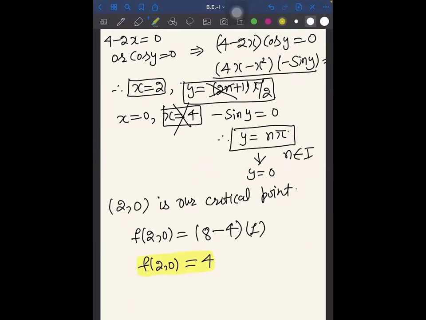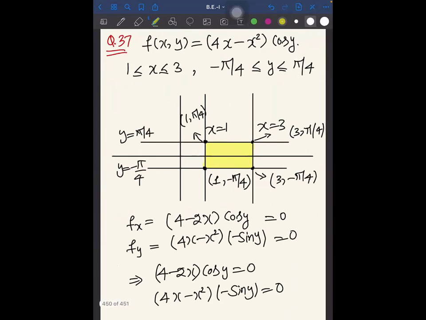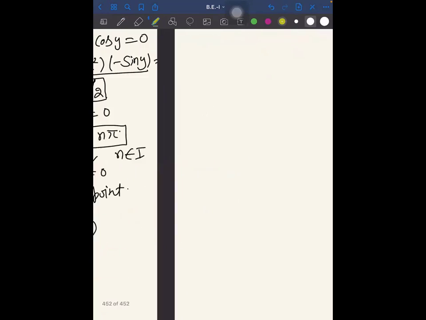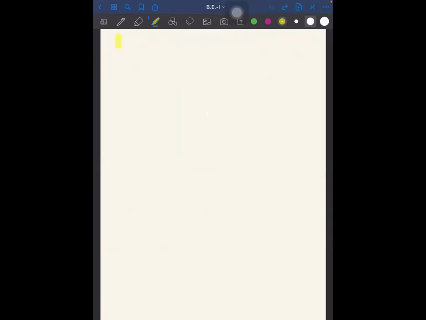Okay, so now let's start from the boundaries and then work on the boundaries as well. Let's take the boundaries of x first. So the first boundary is taking x to be equal to 3. Sorry, x to be equal to 1.